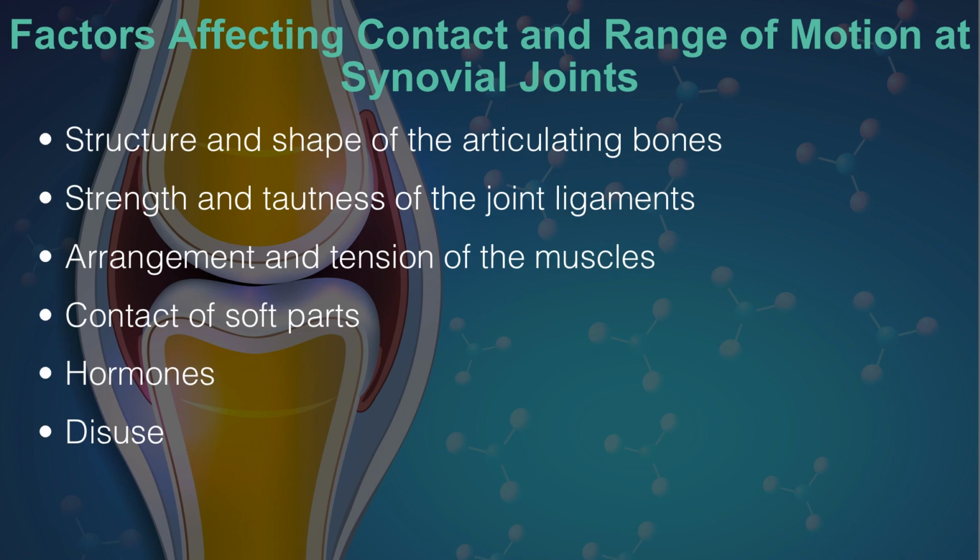By far, though, the structure of the joint is the largest contributor to range of motion. The fit of the bones, the shape of the bones. Accessory structures come next: tendons, ligaments, menisci, bursa, gone down the list.